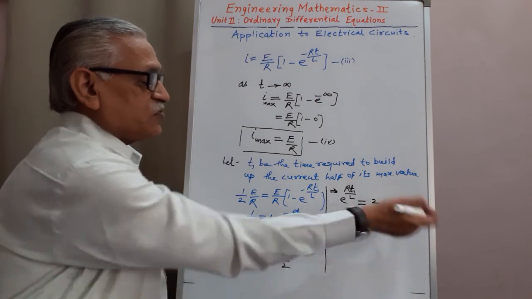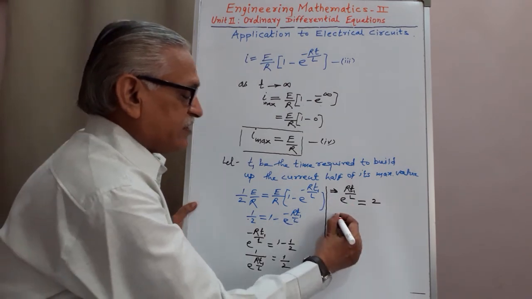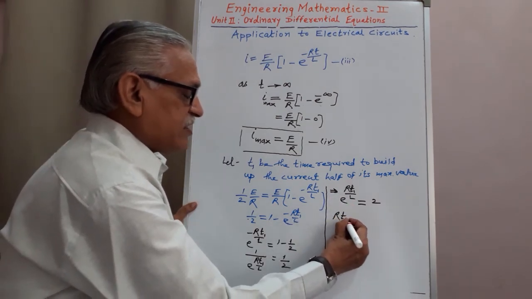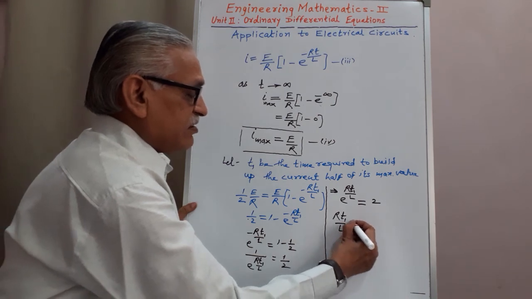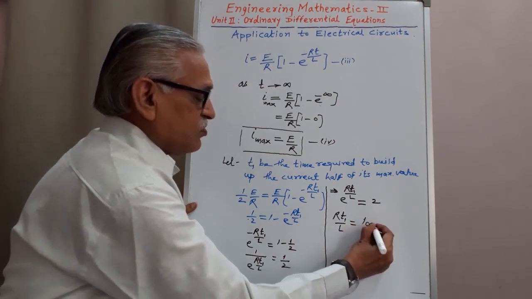Then transferring this e to the right hand side, we get R T1 by L is equal to log 2.